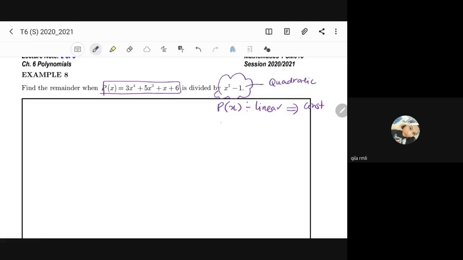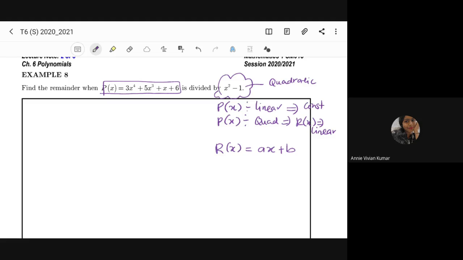Px divide by quadratic, remainder will be linear. Okay, in the form of linear. So for this case, our Rx can be written as Ax plus B. So we need to find what is A and what is B.